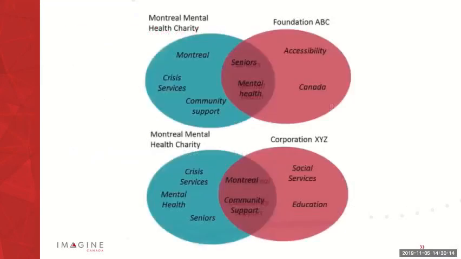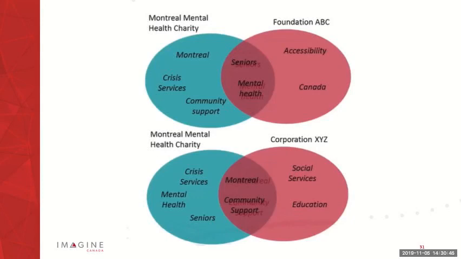So let's take a look at an example here. Sorry, the image on the screen is a bit fuzzy, not sure what happened there. But let's take a look at the overlapping circles with this example. At the top left, you can see that the example charity is a Montreal-based mental health charity. In this example, you can see that Corporation XYZ, the bottom right red bubble, and Foundation A, B, and C, the red bubble at the top right, are completely different in terms of their focus.